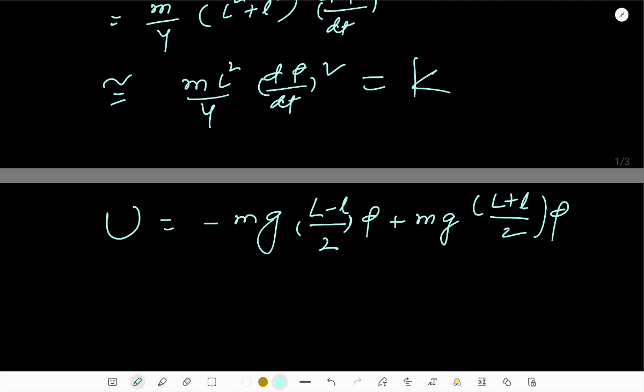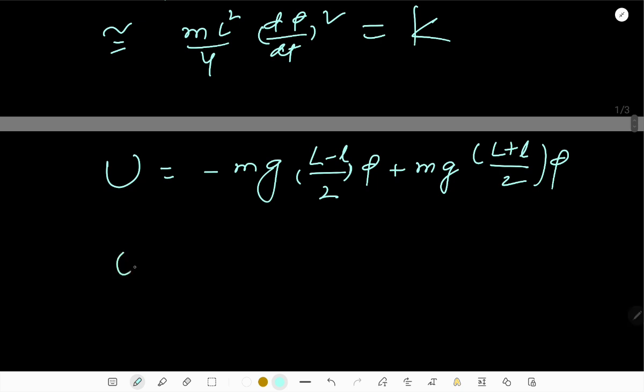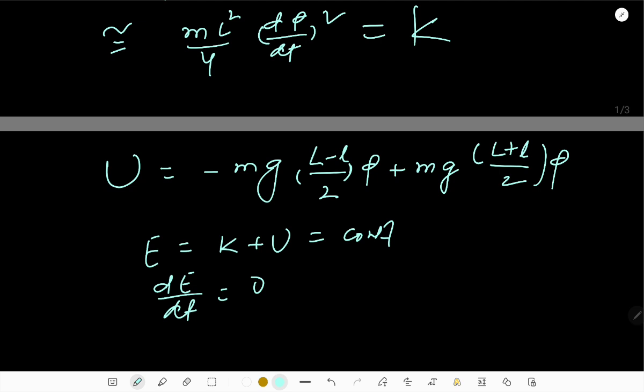So I'm going to do one thing. I know the total mechanical energy can be written as kinetic energy plus potential energy, and if it's a constant, then dE by dt is equal to 0.